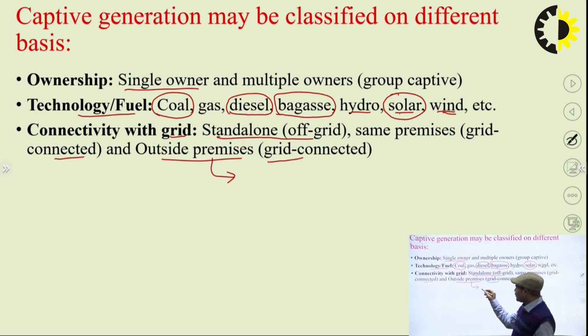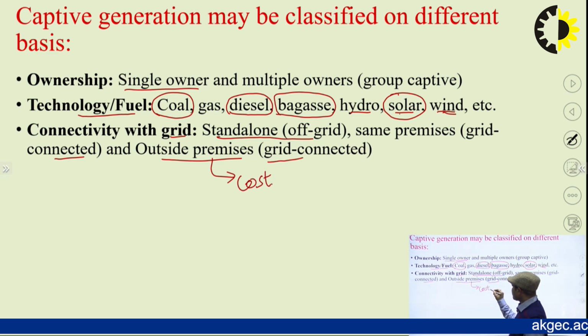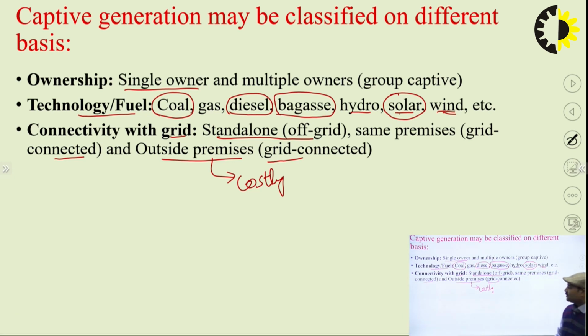So it is somewhat of a costly affair, but when we are setting up a high power level captive power plant, the extra cost of extending the transmission line can be adjusted.